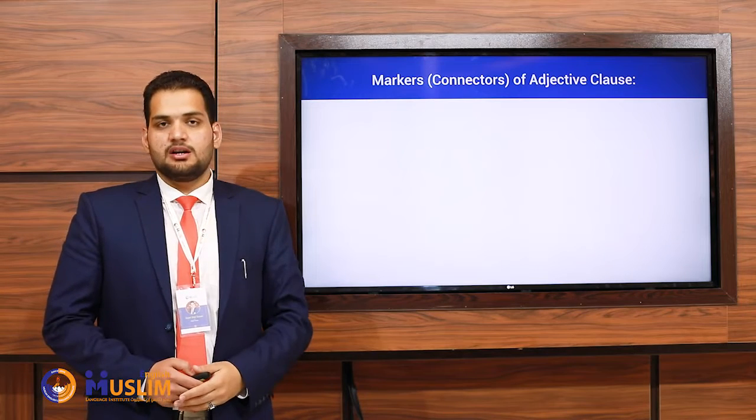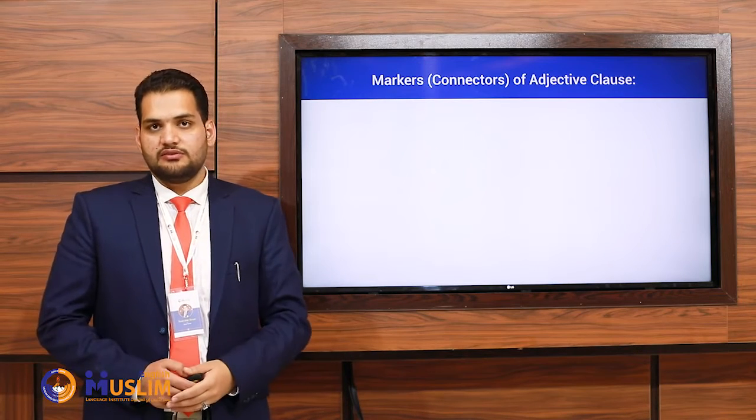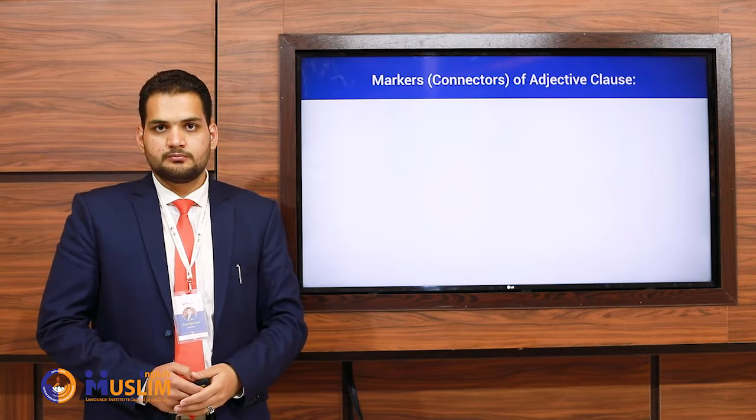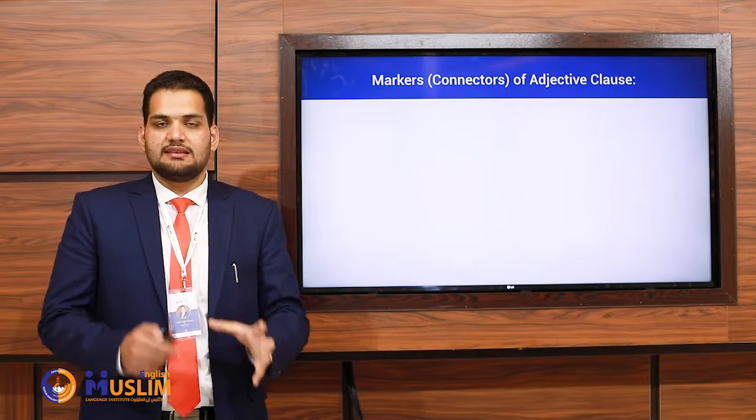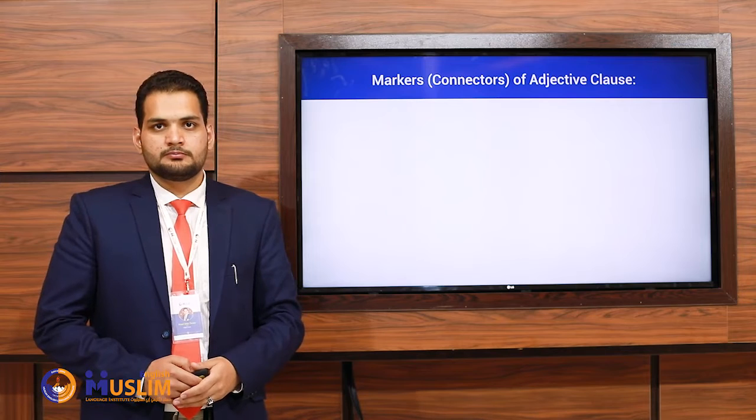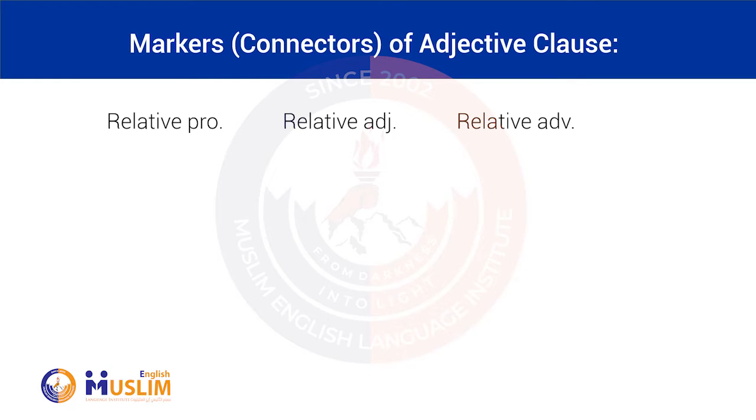Let's talk about the markers or connectors of adjective clause. In simple words, a marker is an introducer. There are three types of markers of an adjective clause. 1. Relative pronoun. 2. Relative adjective. And 3. Relative adverb.